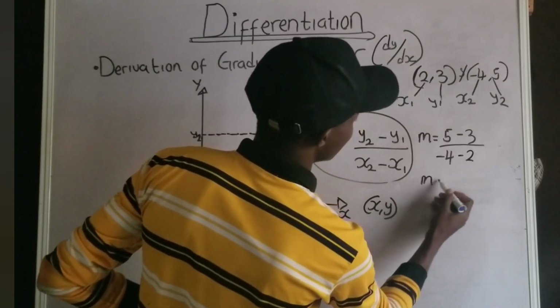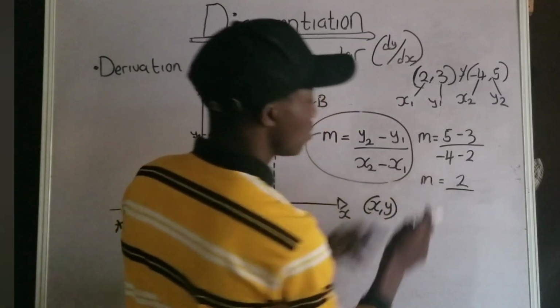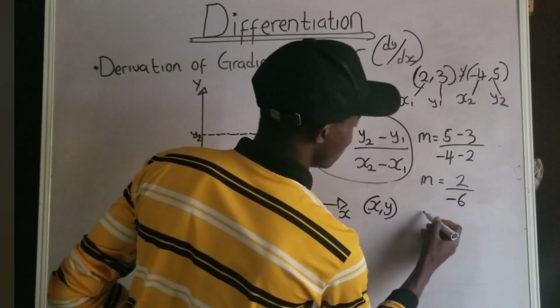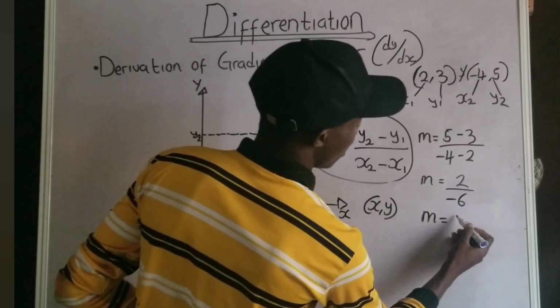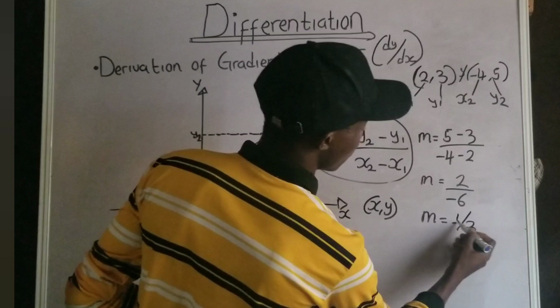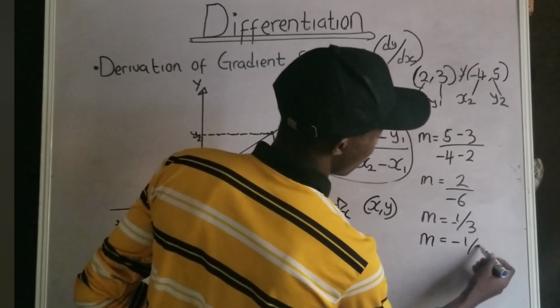So m is equal to 5 minus 3, that is 2, all over minus 4 minus 2, that is minus 6. m is equal to 2 divided by minus 6, that is minus 1 over 3.